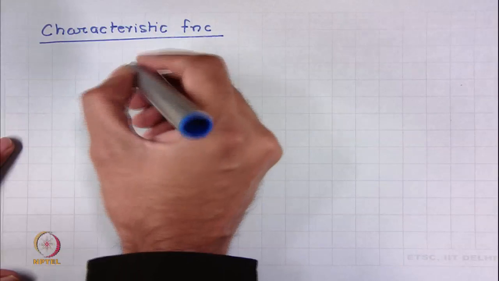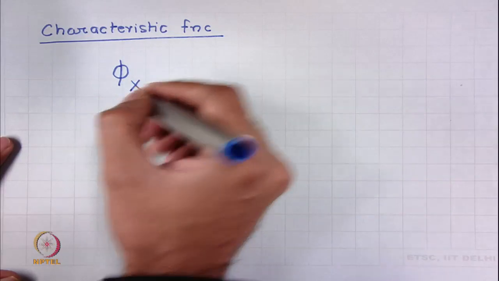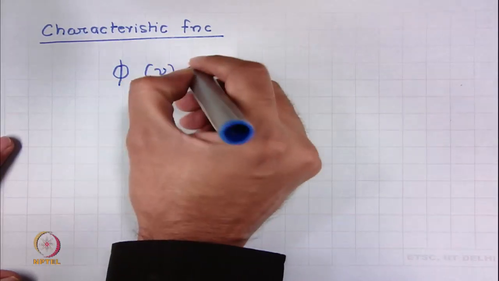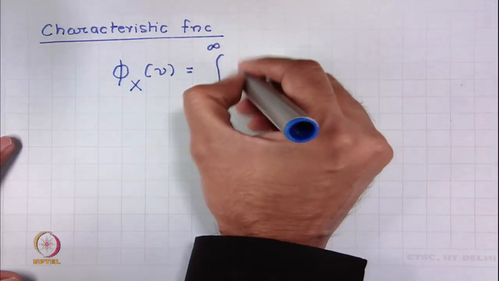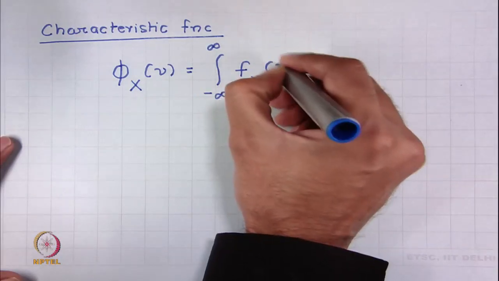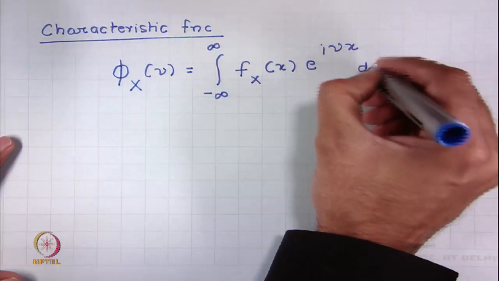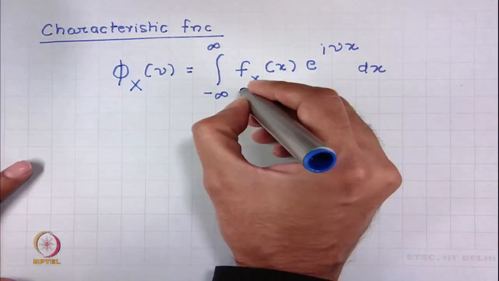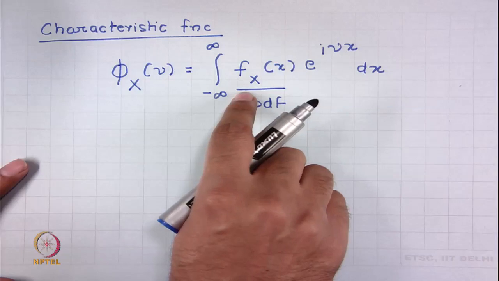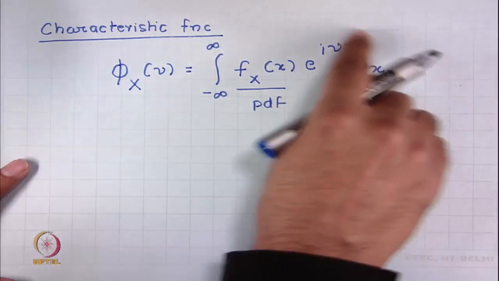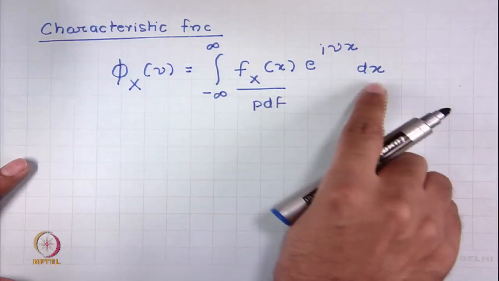If we have to define a characteristic function for a random variable x, it is expressed like this. What I have here is the probability density function of this random variable x, multiplied by a complex exponential, and I am integrating with respect to x. That is how the characteristic function is defined.